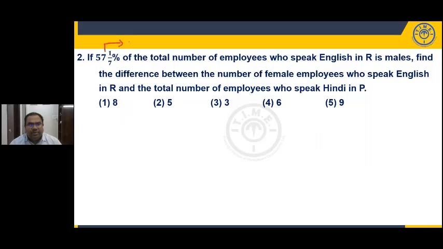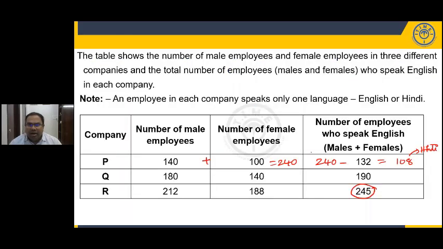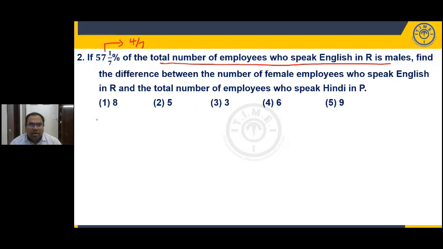57 1/7% is 4/7. 4/7 of total employees who speak English in R are males. So if you look at R, the number of employees who speak English is 245. Out of these 245, males are 4/7.